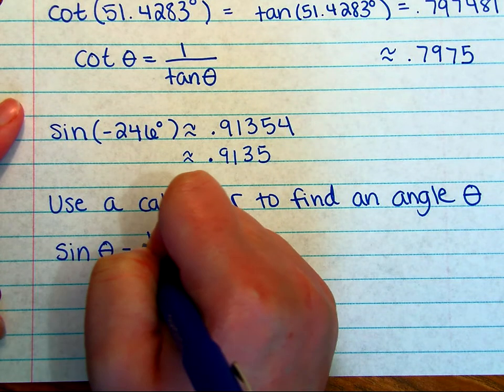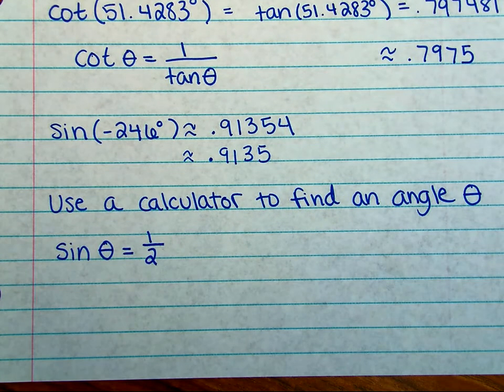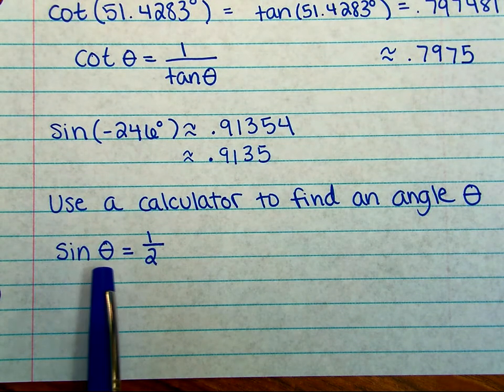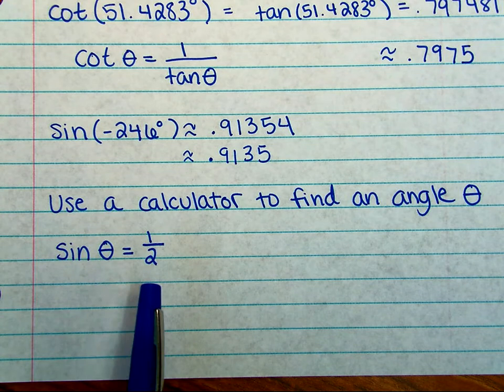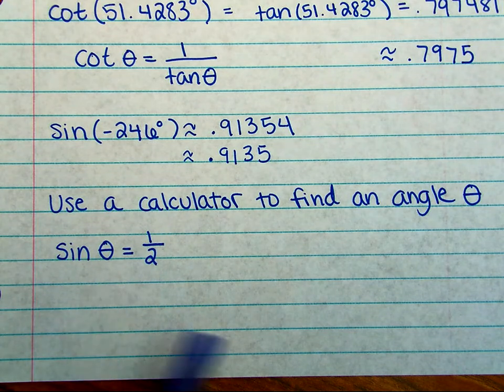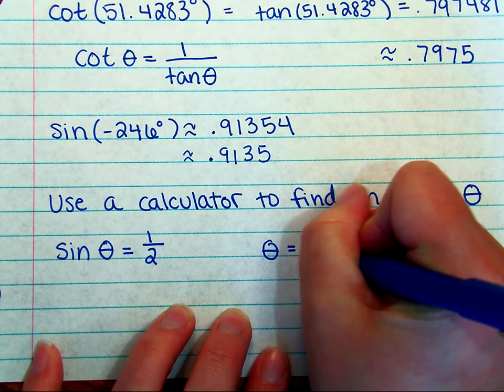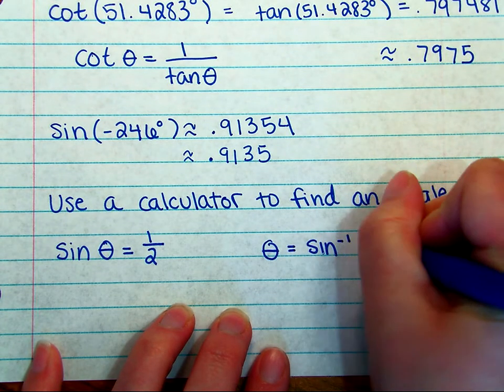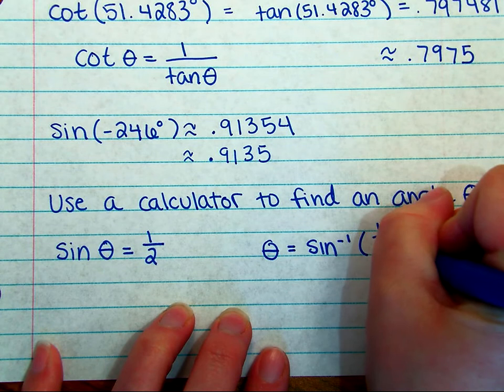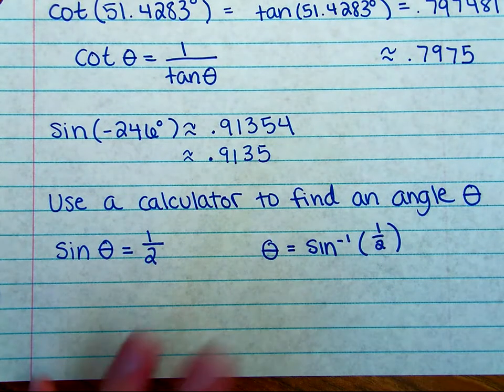For example, what if I told you that the sine of theta is equal to 1/2? You are trying to get theta by itself. This is an equation you're trying to solve. Okay? You need to know that theta is going to be equal to the inverse sine of 1/2. That's what those buttons on your calculator are for.